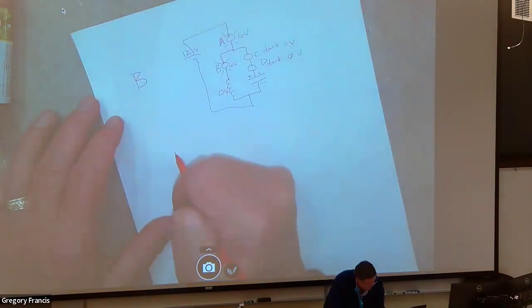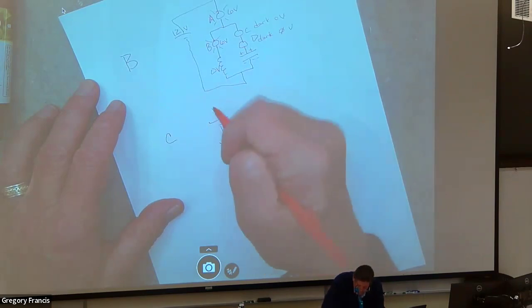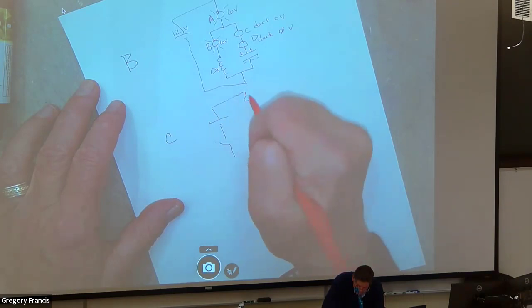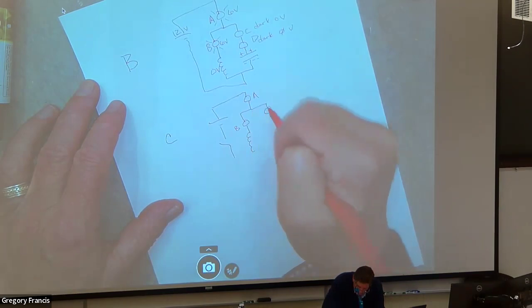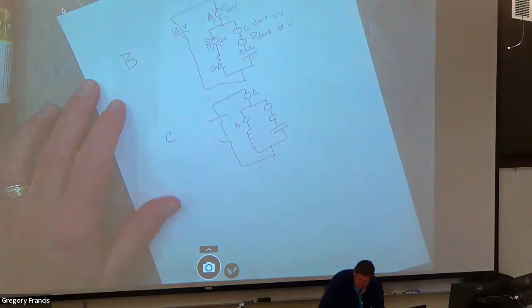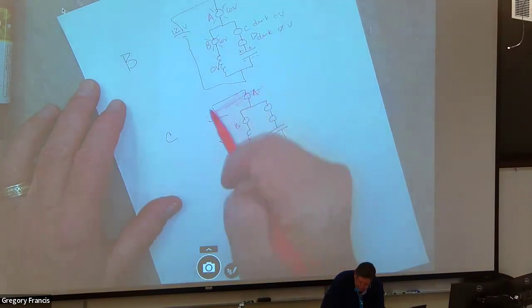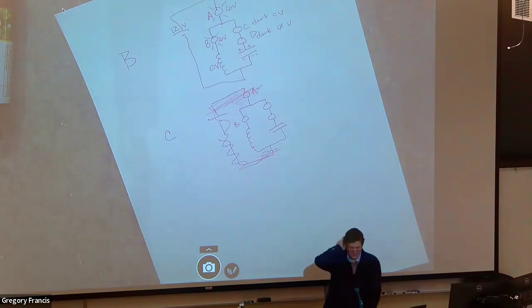Now, in part C, we suddenly throw the switch open and suddenly A is out. And when I open that switch, it's as if A and the battery don't even exist anymore. Okay?